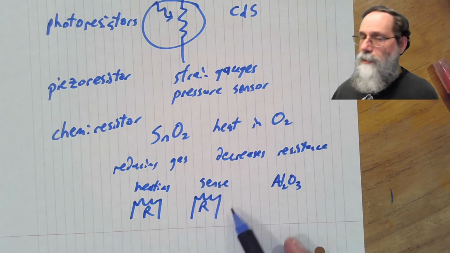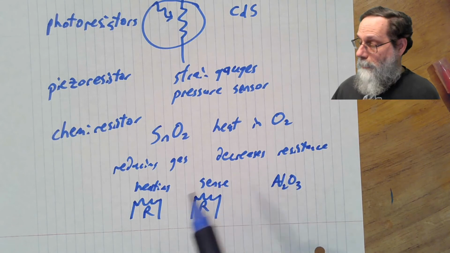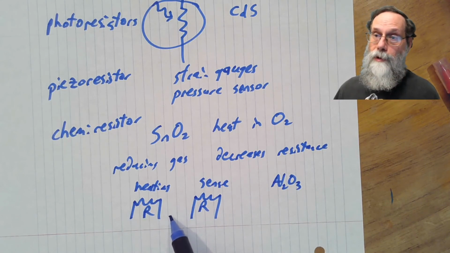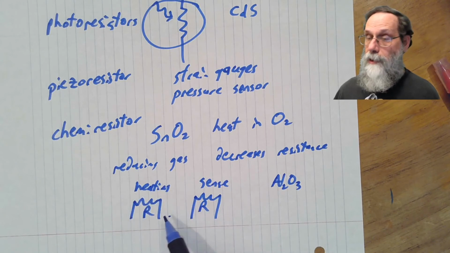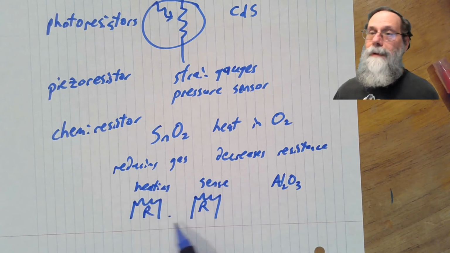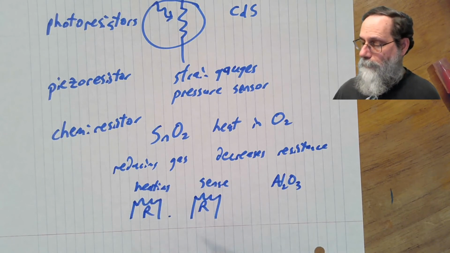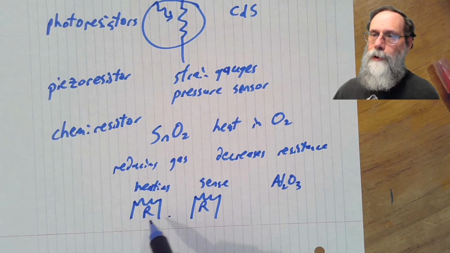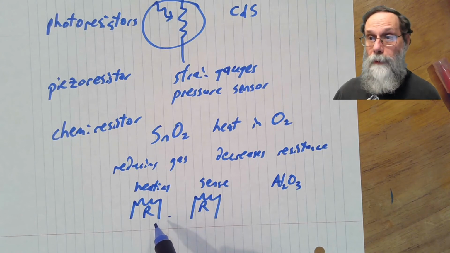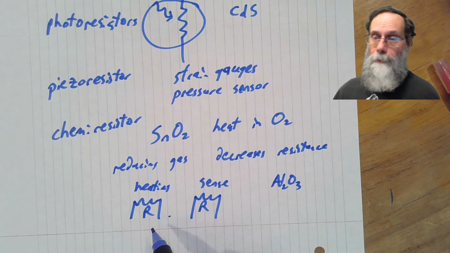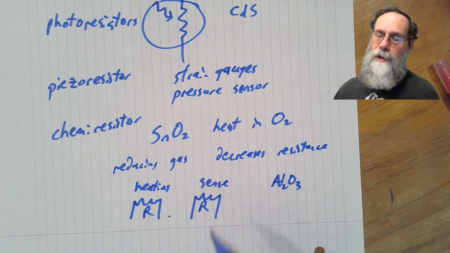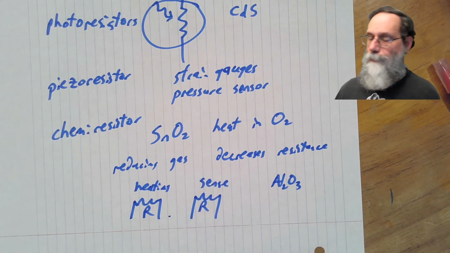And the sense resistor is what we're going to measure. But we first have to heat it by putting a voltage across the heating resistor, which heats up the entire unit. The device is usually designed so that you put a very precise voltage across this resistor and then wait a few minutes for it to reach equilibrium. And once it's reached equilibrium, then you measure the resistance of the sense resistor.